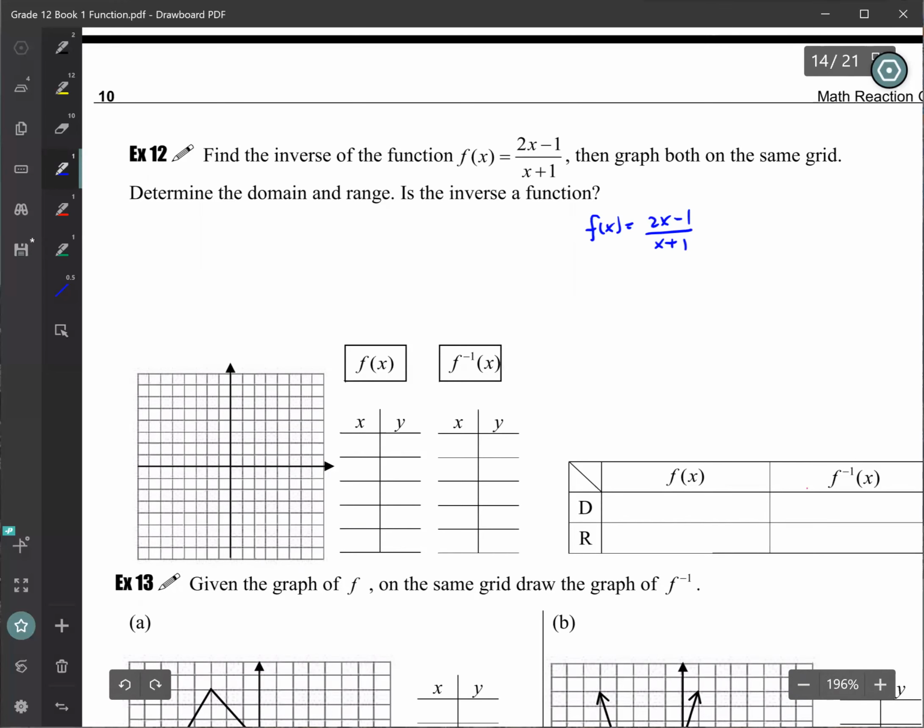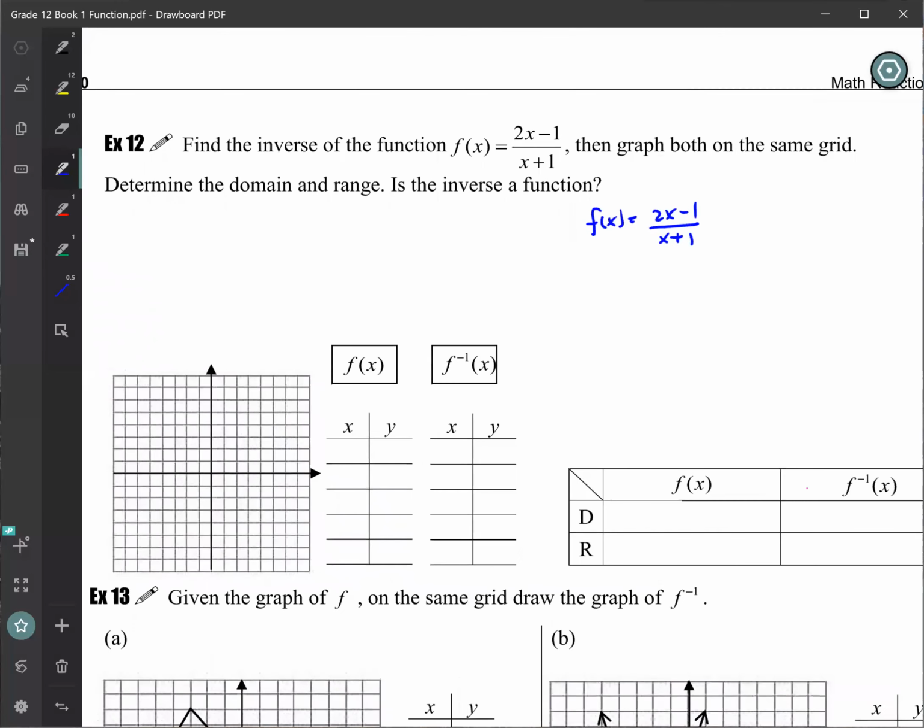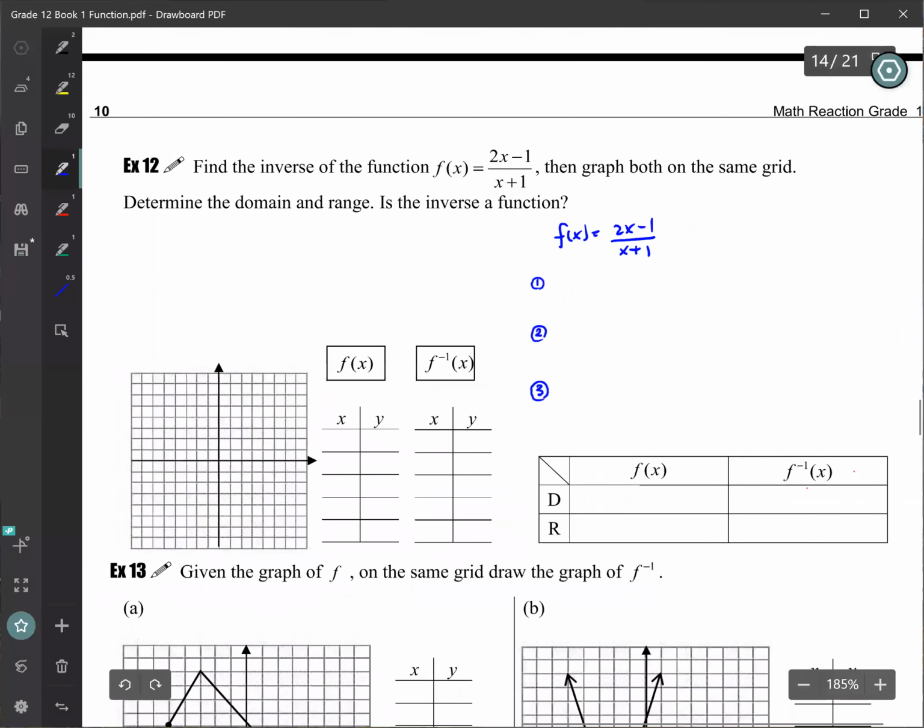So follow the 3 steps. Step 1, f of x as y. Step 2, switch x and y. Step 3 for this one is a bit tricky. So I'll let you try. Once you finish, please raise your hand, okay?